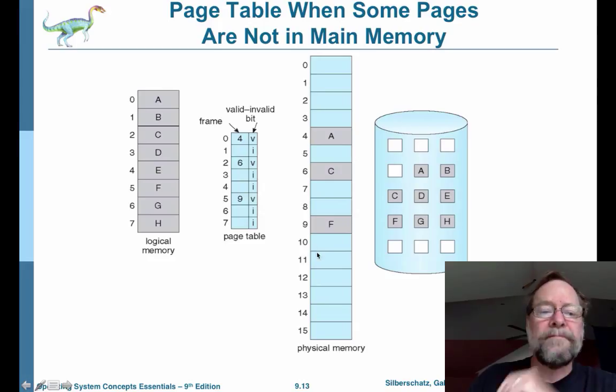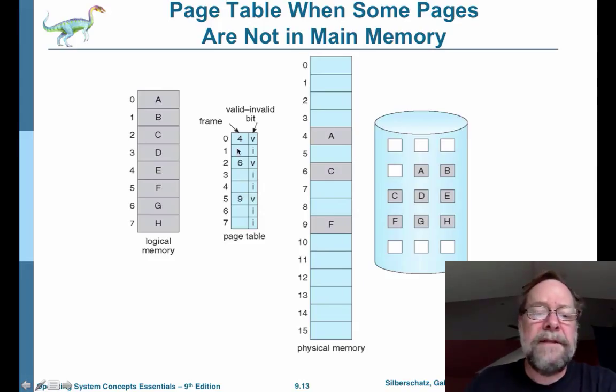Here's another example, another diagram taken from the textbook, which shows the logical memory, the different values that comprise that logical memory. Over here on the right-hand side is the physical memory. You can see that only 3 of the pages of our process are currently loaded into the RAM, currently resident: just pages A, C, and F. That's page 0, page 2, and page 5.